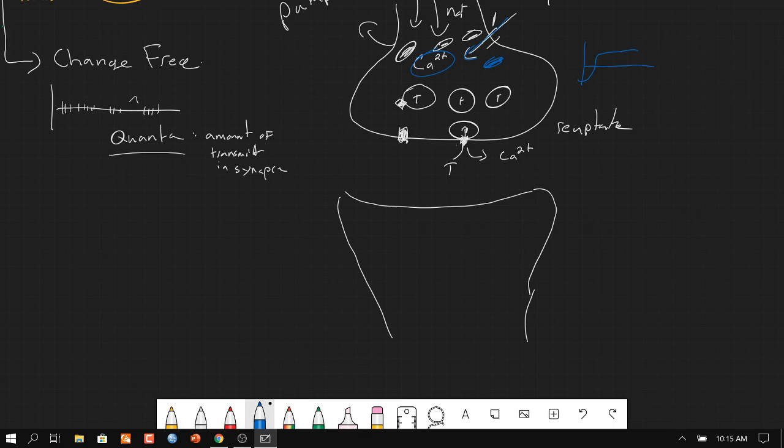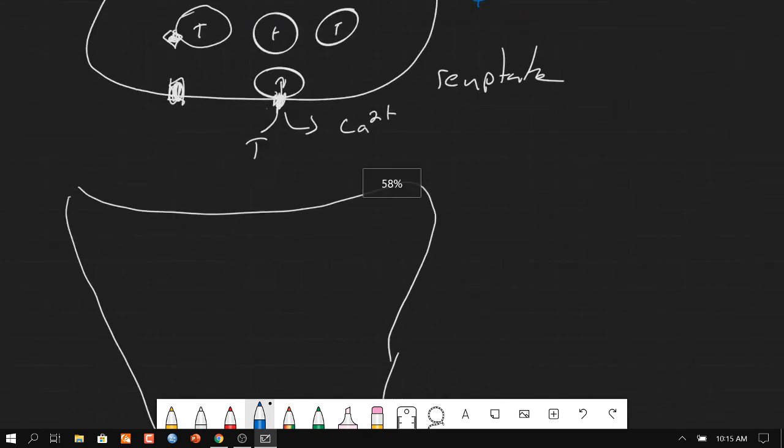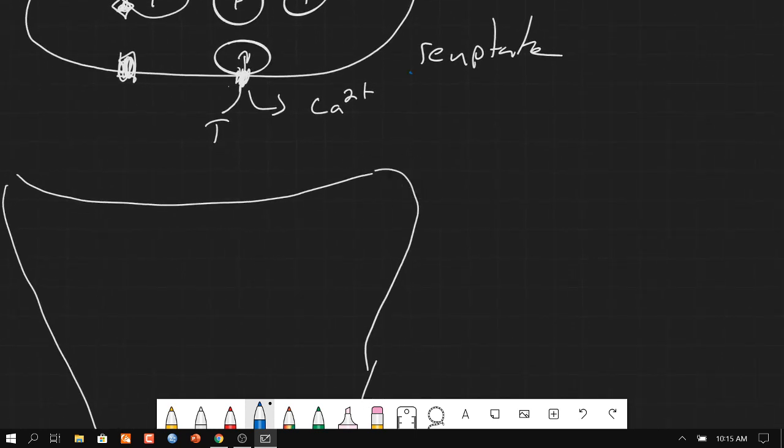Easy. Okay, so there's these things inside here. What does reuptake do? It removes the transmitter from the synapse. It pulls it back up. We also have enzymes.